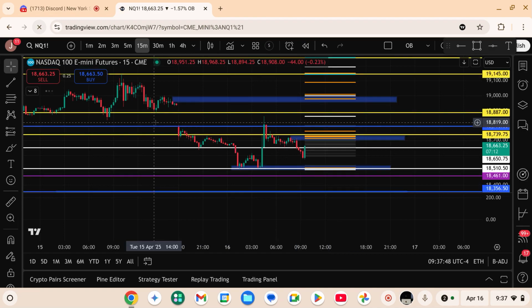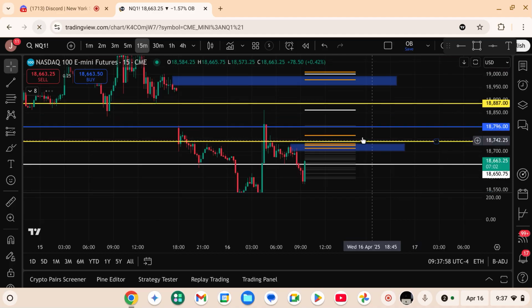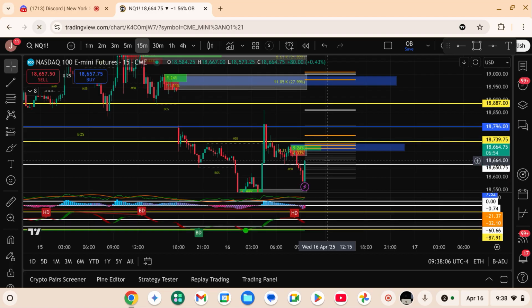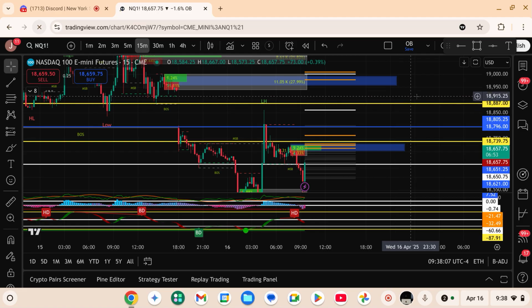I don't know what's going on with my screen. It just started lagging out of nowhere.